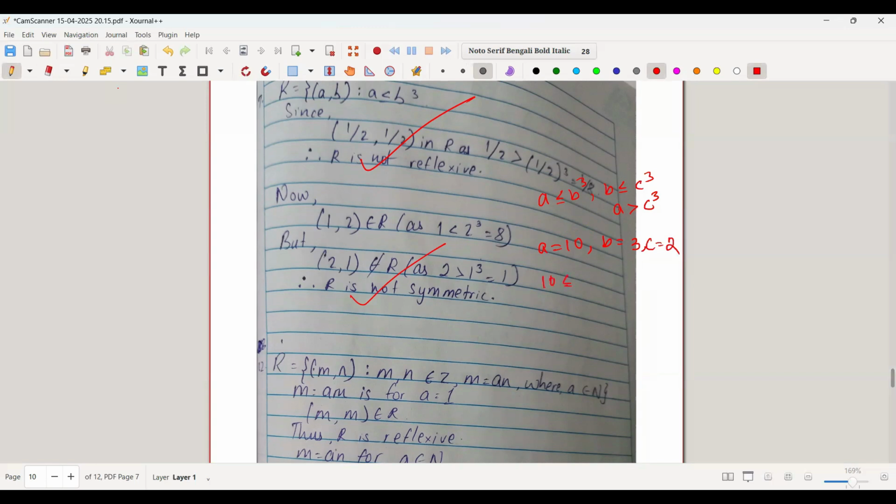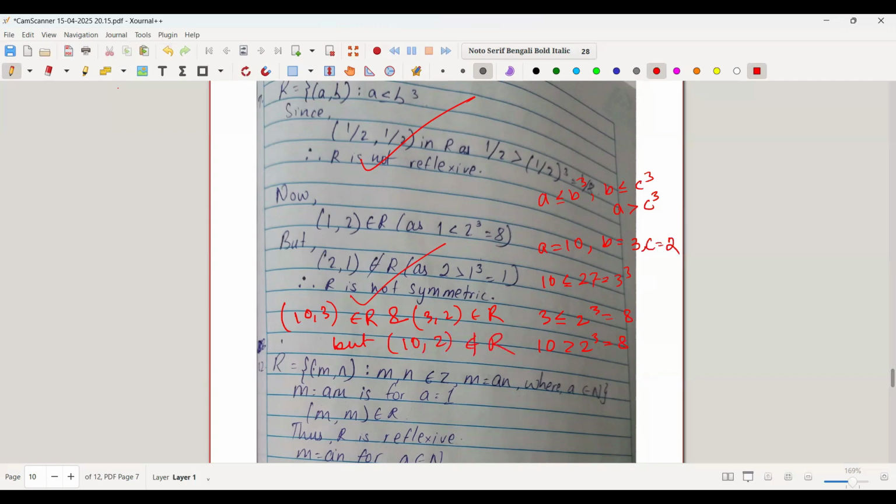So 10 is less than B cube, which is 27, which is 3 cube, and 3 is less than 2 cube, which is equal to 8, but 10 is greater than 2 cube, which is 8. So for this relation (10, 3) belongs to R and (3, 2) belongs to R, but (10, 2) does not belong to R.